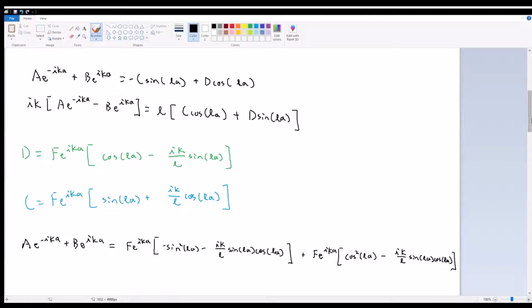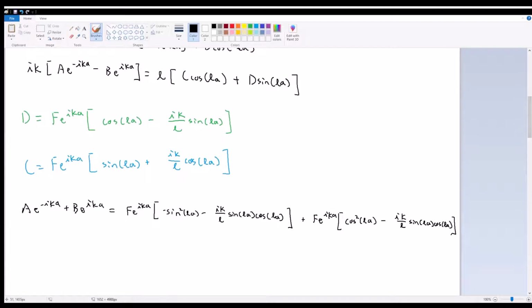And then for the second expression, this is going to give us ik times (A e^(-ika) minus B e^(ika)). And you know what? I'm going to move the L over to this side. So ik/l is going to equal, and then we have C cos(la) times F e^(ika) times sin(la)cos(la) plus ik/l cos²(la).